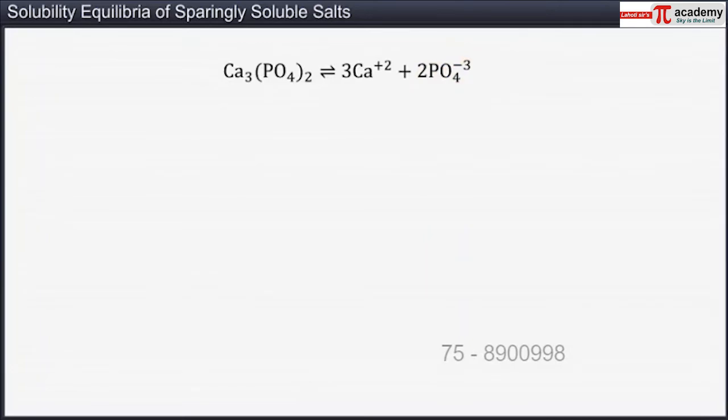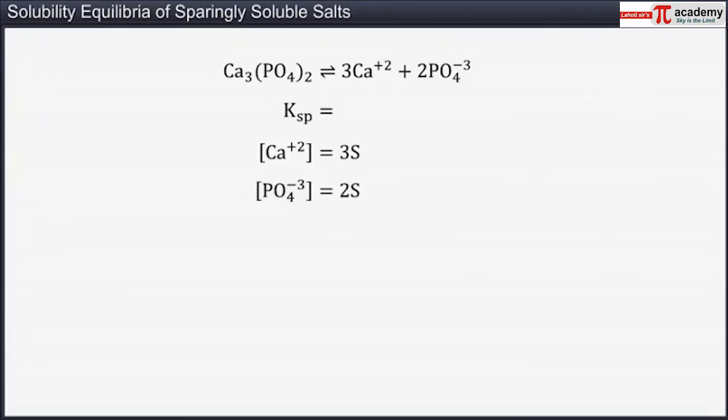The solubility product, Ksp, of calcium phosphate is equal to the product of the concentration of Ca plus 2 raised to the power of 3 and the concentration of PO4 minus 3 raised to the power of 2. If S is the molar solubility of calcium phosphate, then the concentration of Ca plus 2 ions will be equal to 3S and the concentration of phosphate ions will be equal to 2S.